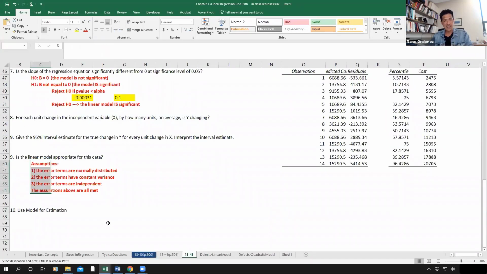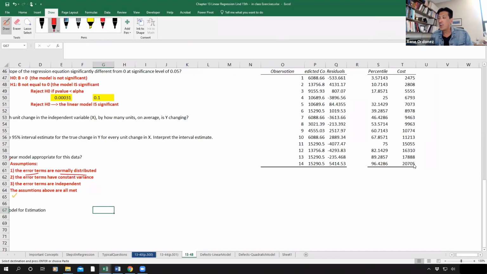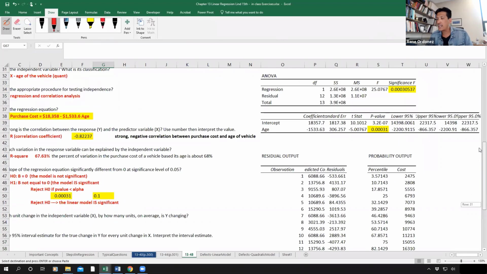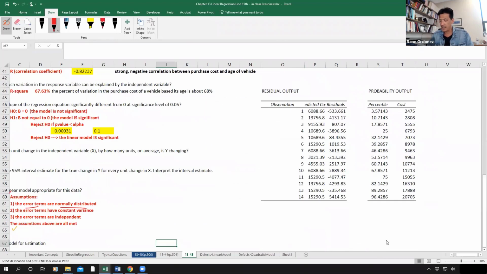All right. So the assumptions are associated with the error terms being normally distributed. Again, if you want to see if the error terms are normally distributed, we will use the normal probability plot, which is a little bit difficult to see.